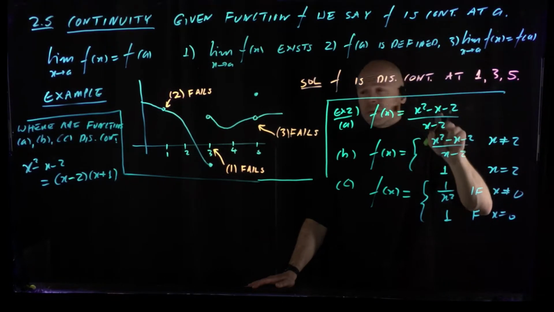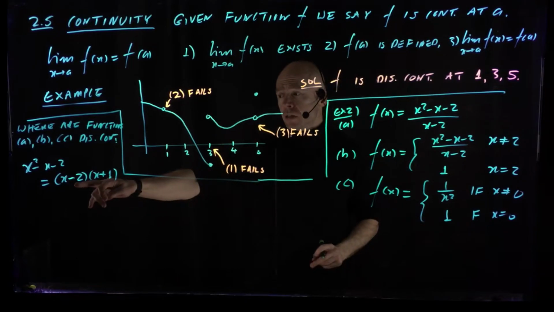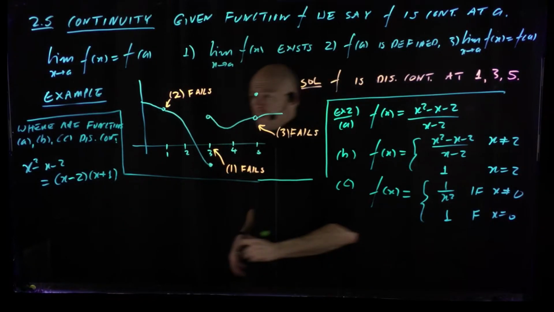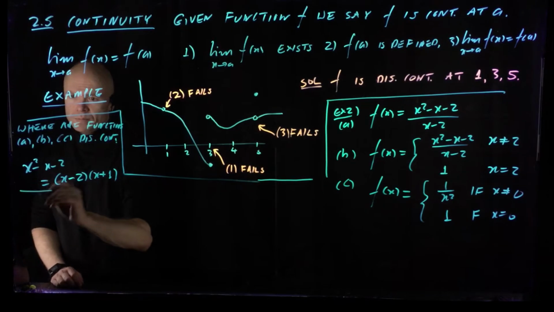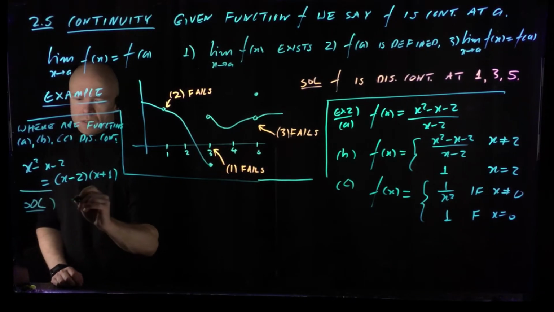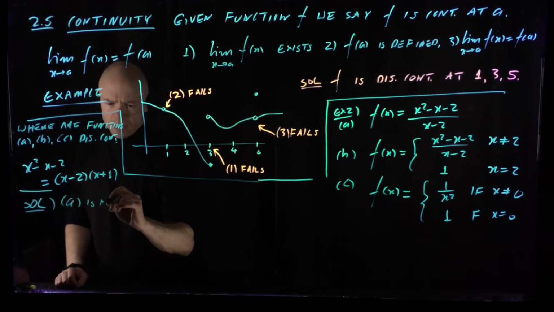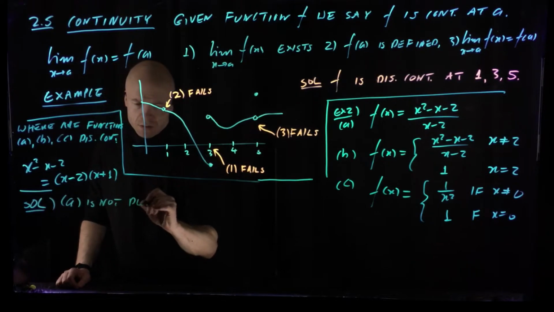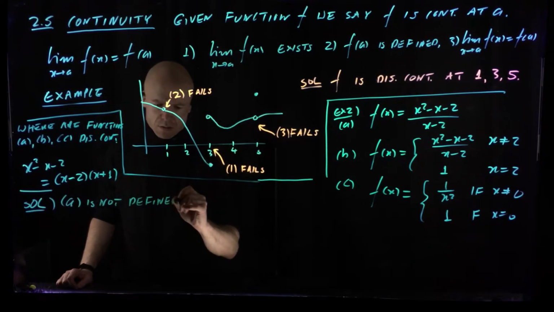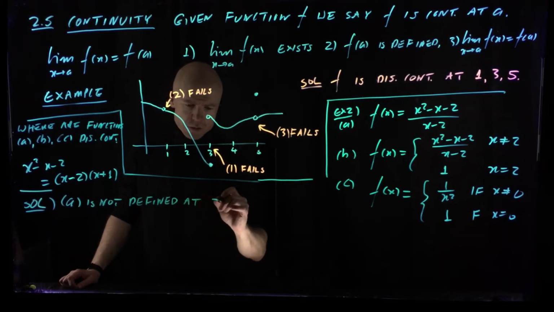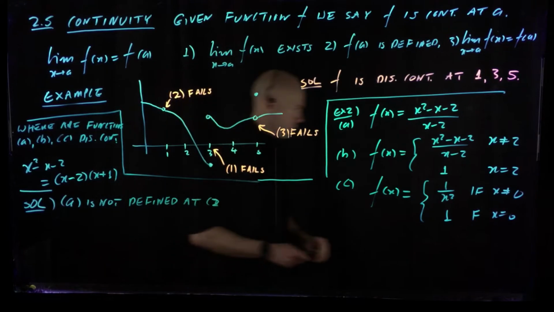It just becomes 0 over 0 because of this factorization. So for A, the solution is that A is not defined at 2, so it's discontinuous.